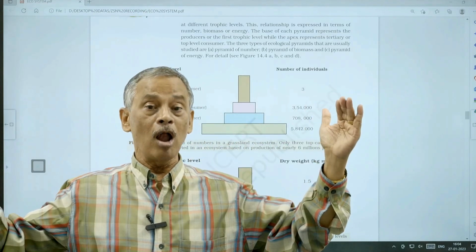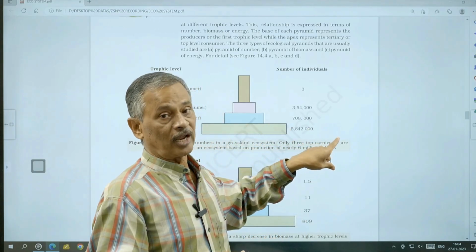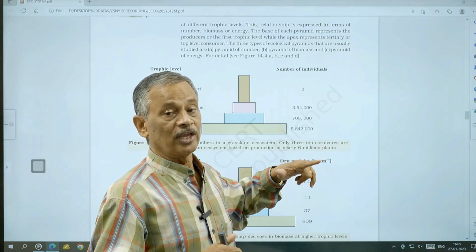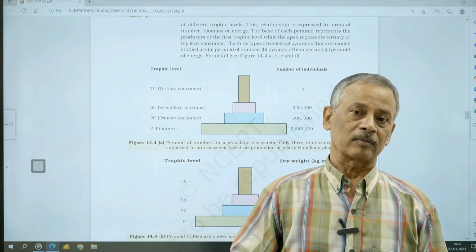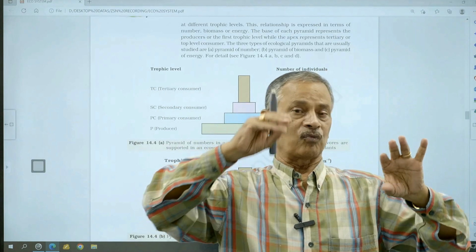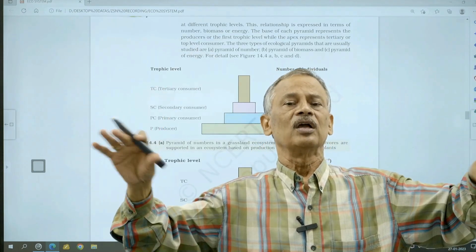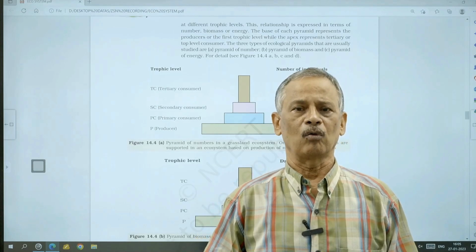So all the organisms coming under this trophic level should be taken into account. For example, if you are taking the pyramid of number, what is the total number of very small and very big, all producers, consumers? So everybody of that trophic level should be taken into account.